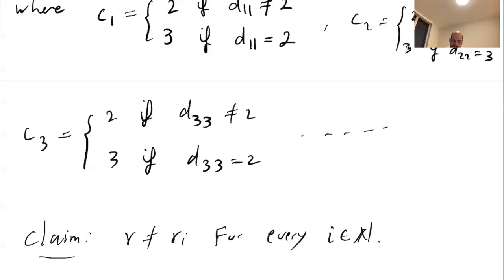And if D11 is not equal to 2, then C1 equals 2. So regardless what D11 is, C1 and D11 are not the same. C1 is the first number after decimal for R. D11 is the first number after decimal for R1.